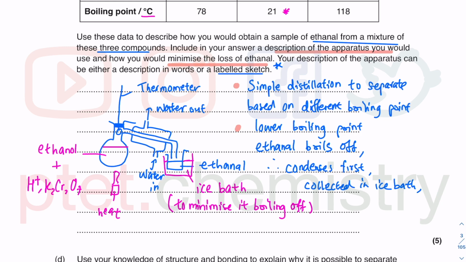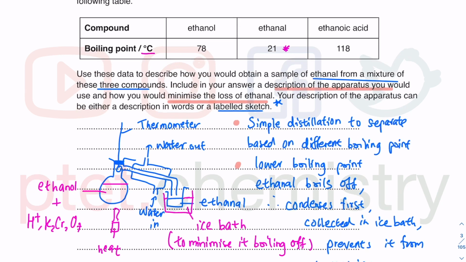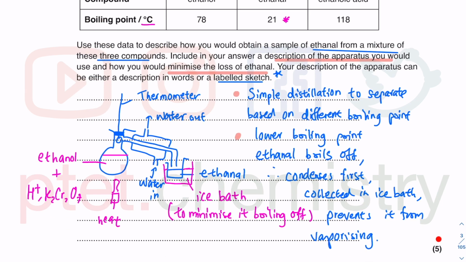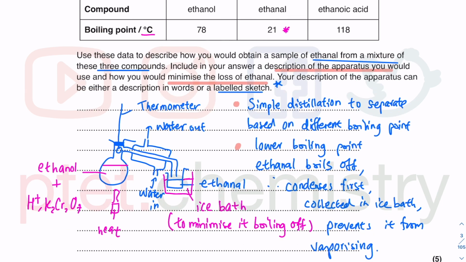The ice bath there prevents it from vaporizing due to the low boiling point, as you could see, 21 degrees Celsius there.